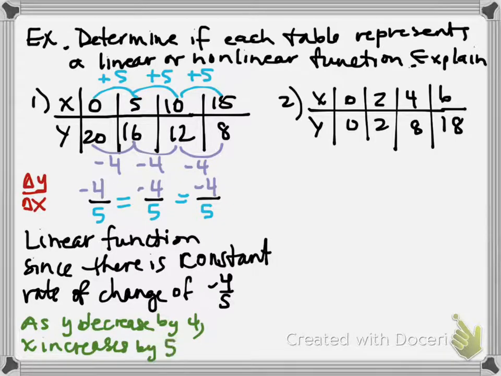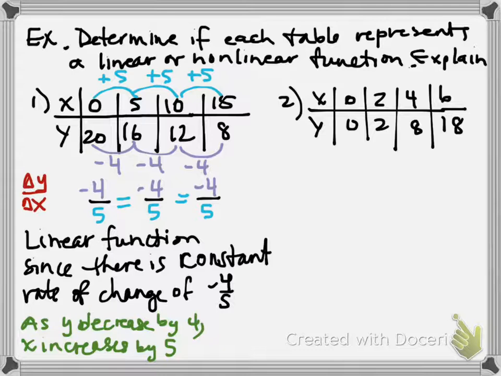So instead of writing the rate of change as a slope value, what we're used to doing, they broke it down into what happened to the y versus what happened to the x. So that's your option. Sean? Well, we have to write this in our homework. If the directions say explain, then you have to give me some sort of support. Okay? All right, let's try the next one.